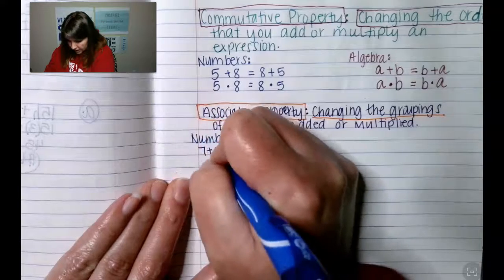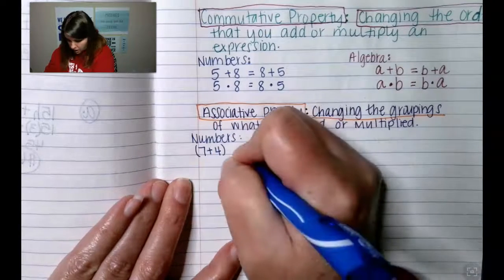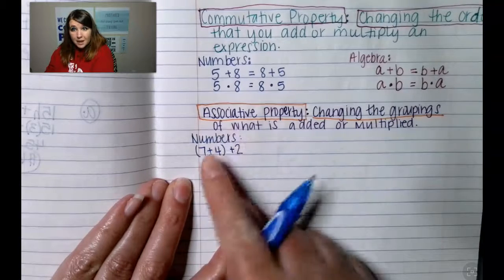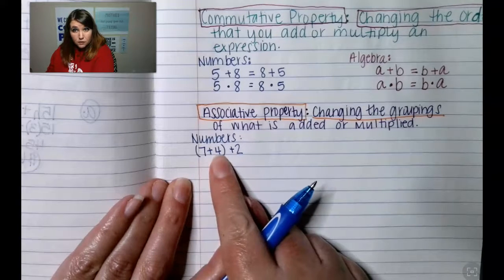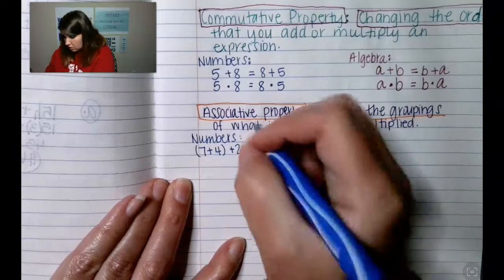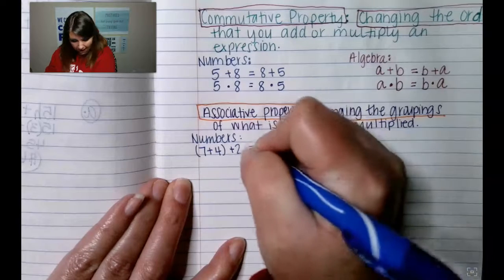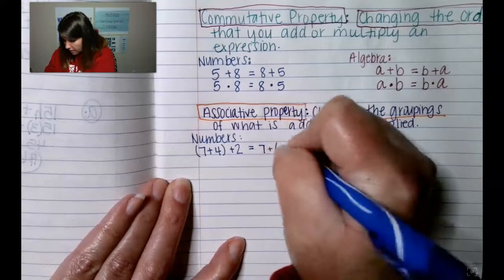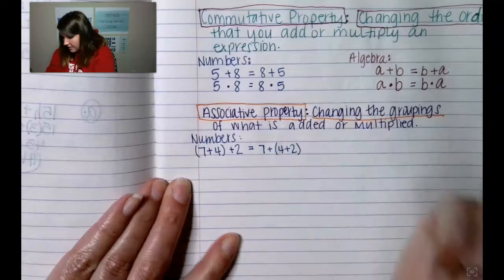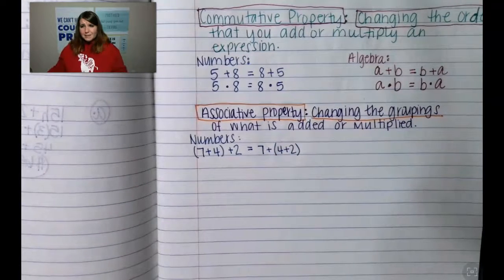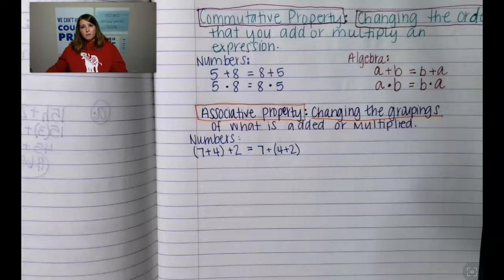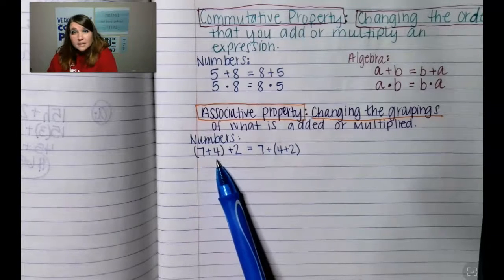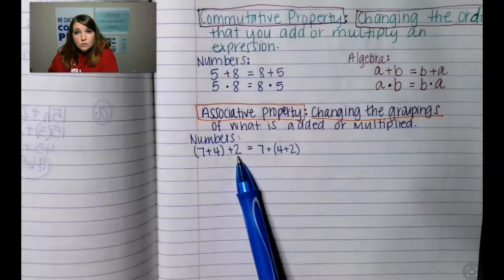The expression 7 plus 4 plus 2 tells us that I better add 7 plus 4 first, then add on 2. Is the same as adding 7 plus 4 plus 2 in parentheses. It doesn't matter because I am going to get the exact same outcome on both sides, right? 7 plus 4 is 11, plus 2 is 13.